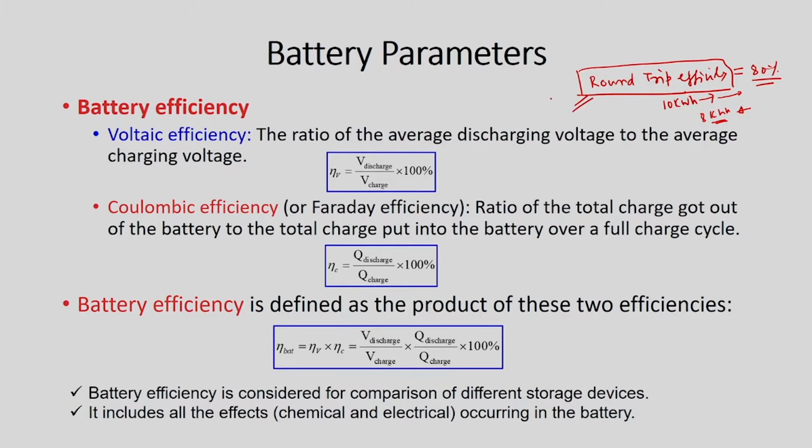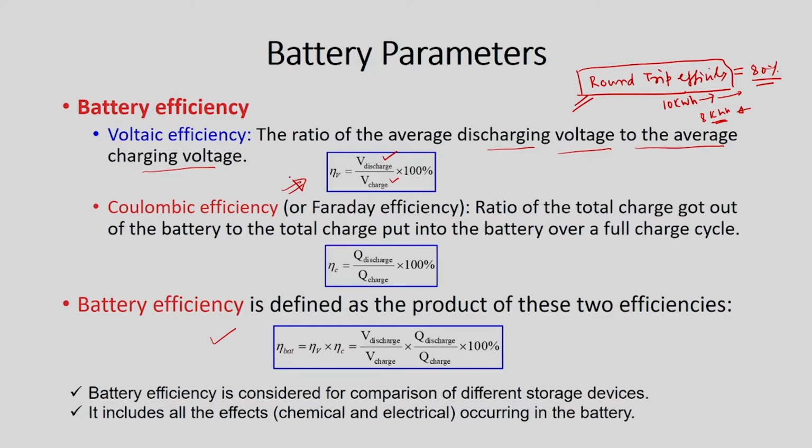In case of battery, this round trip efficiency is connected with voltaic efficiency and Coulombic efficiency. Finally, we will have a combined efficiency, that is called battery efficiency, and that takes care of this round trip efficiency. So, what is voltaic efficiency? The ratio of the average discharging voltage to the average charging voltage. We know the discharging voltage and charging voltage, and that ratio will give you voltaic efficiency.